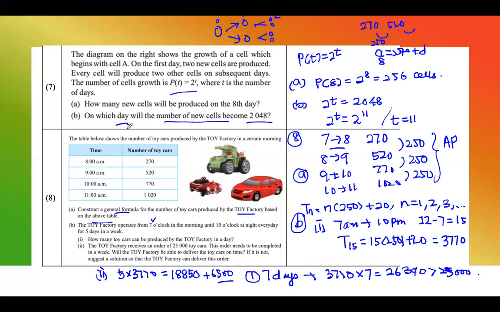If you don't want that, let's say I want to work 5 days only, so what should I do? I have to increase the production per day, right? So meaning that for 5 days, I need to produce 5,000 toys per day.